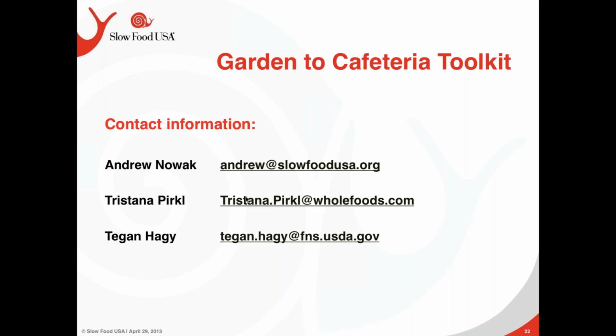In the toolkit is a form, I think it's from the Denver program, where the school gardens track the amount of produce coming out of the gardens and create a simple invoice that the kitchen manager signs off on, and that becomes the record of the harvest into the cafeteria.